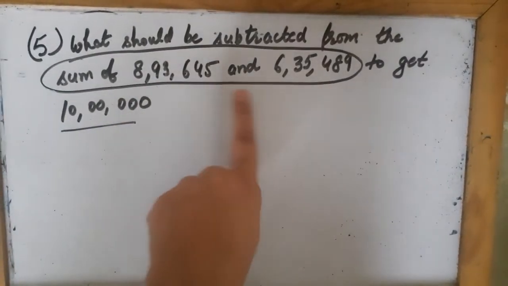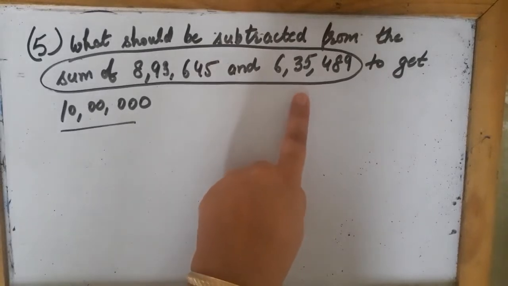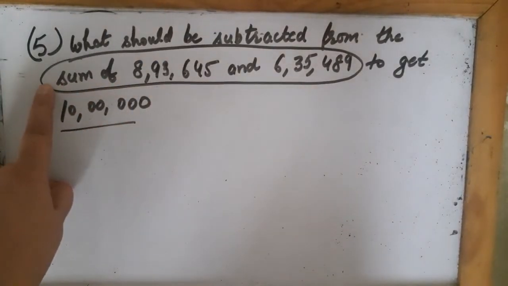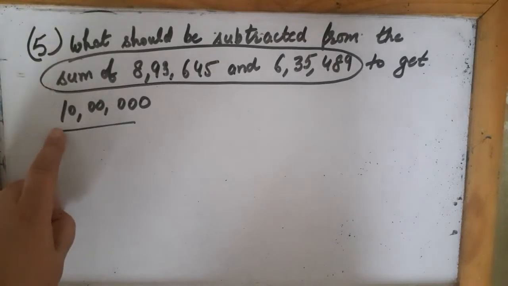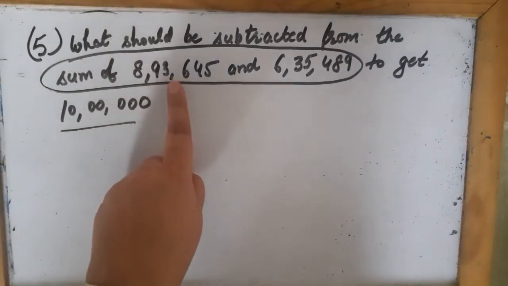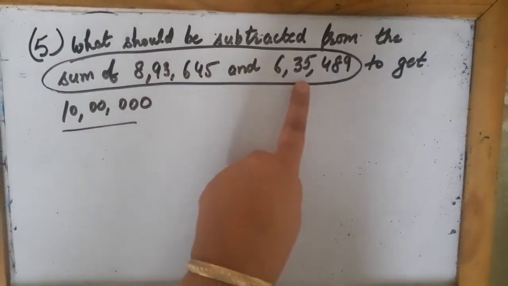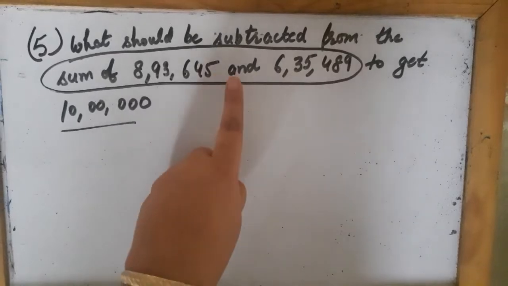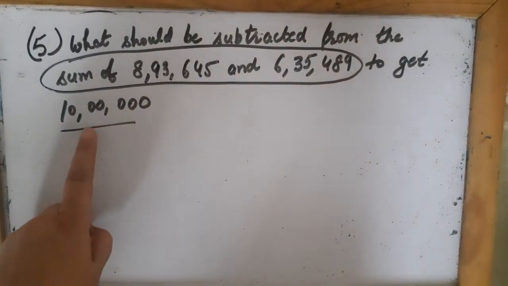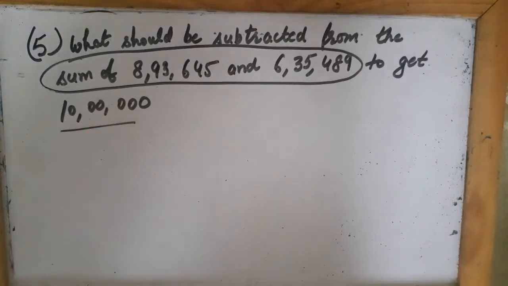It means when I add these two numbers, the answer that I will get will be my sum. From that sum, what should I subtract so that I get this? So what I will do is I will add these two numbers and from its answer I will subtract this 10 lakhs, which is what they have asked us to do.